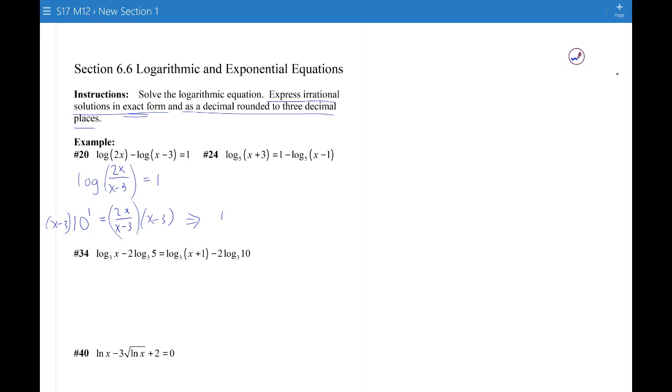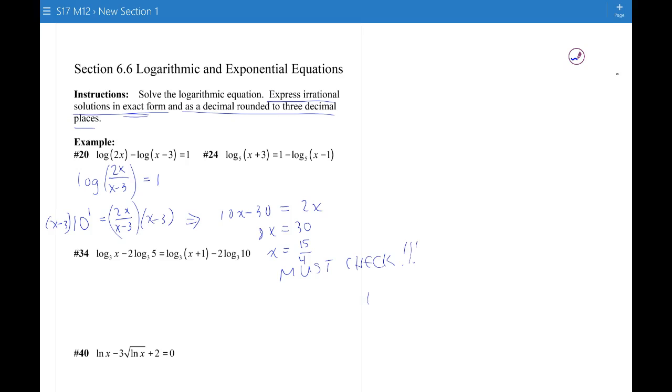So then I'm going to have 10x minus 30 equals 2x. So 8x must equal 30, and x must equal 15/4. And then you must check your answer.